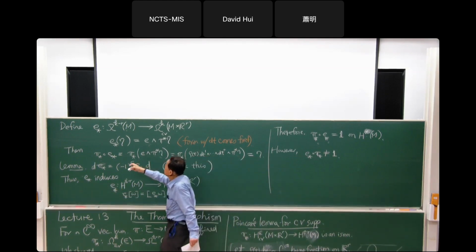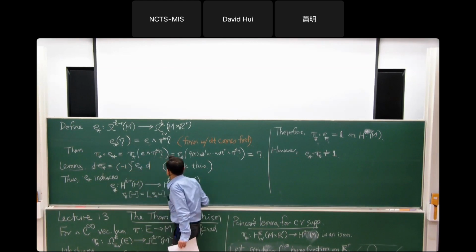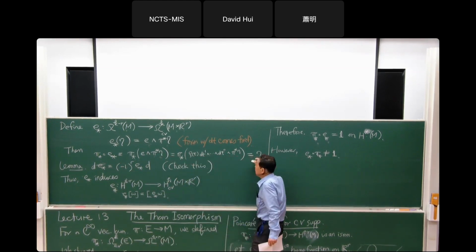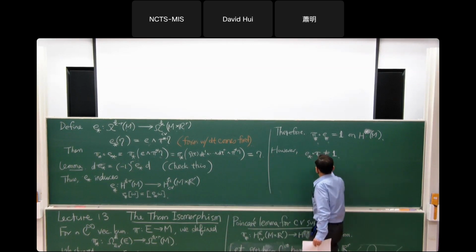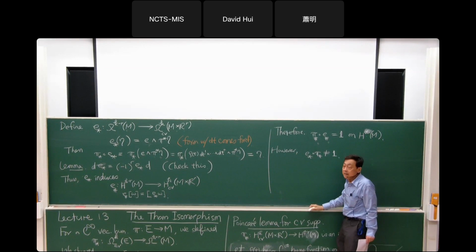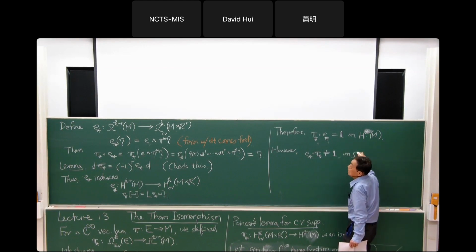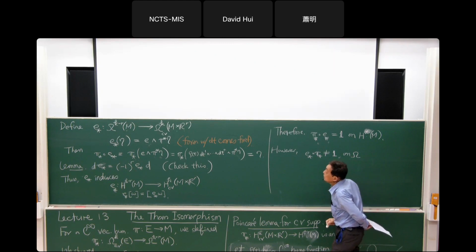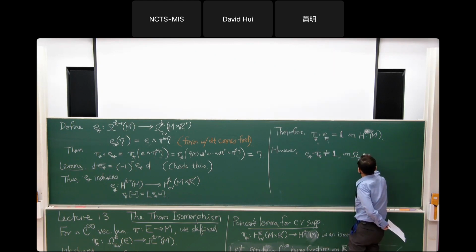Here we have the identity for pi lower star, E lower star, but doing it the other way is not the identity on forms with compact support.